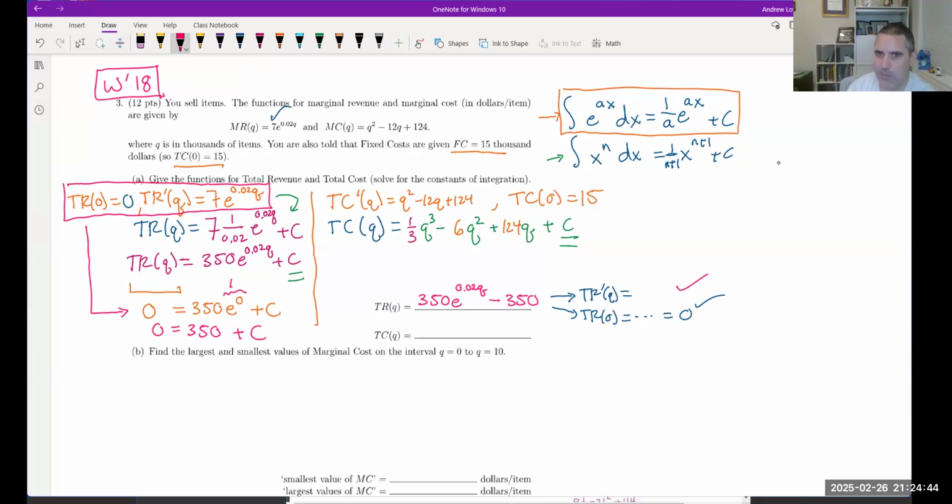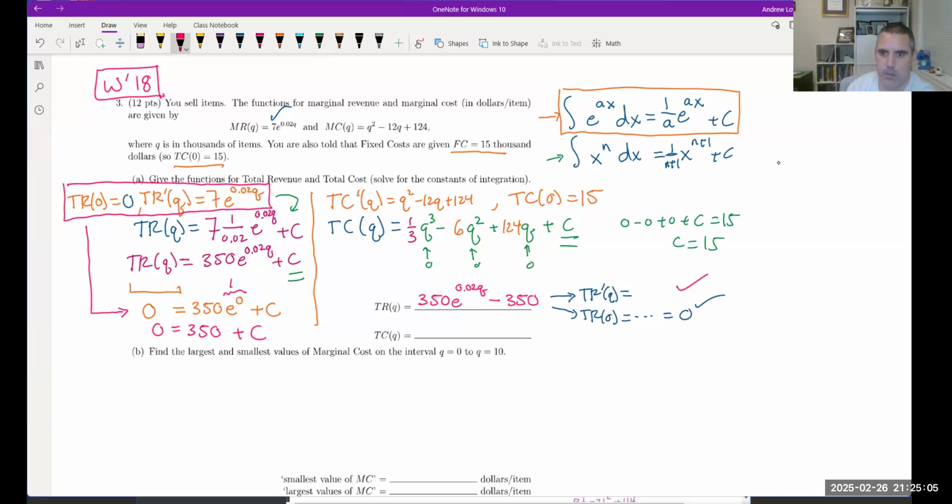Okay, the other one's a little tamer in terms of plugging in. This one says when we plug in 0 here and plug in 0 here and plug in 0 here, what needs to pop out is 15. So you get 0 minus 0 plus C has to be 15. And so C has to be 15.